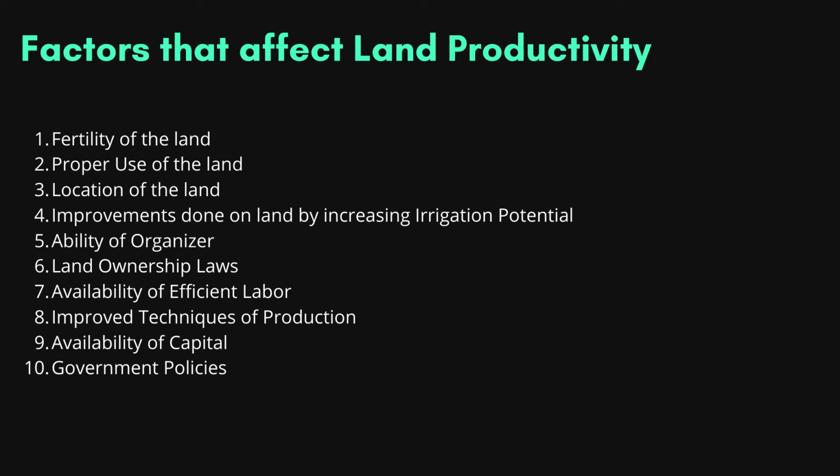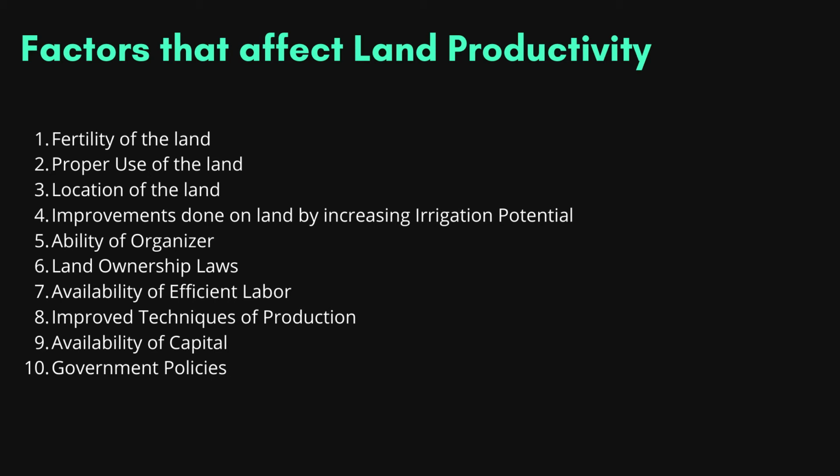But poor farmers work as tenants on the lands of large farmers. Insecurity of tenancy rights may cause eviction of the poor tenant farmers, which will make them uninterested to improve the land productivity.